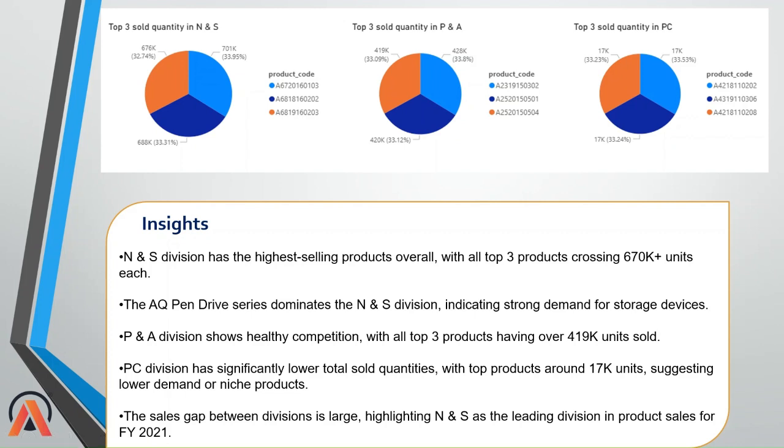The sales gap between divisions is large, highlighting N&S, networking and storage, as the leading division in product sales for fiscal year 2021.